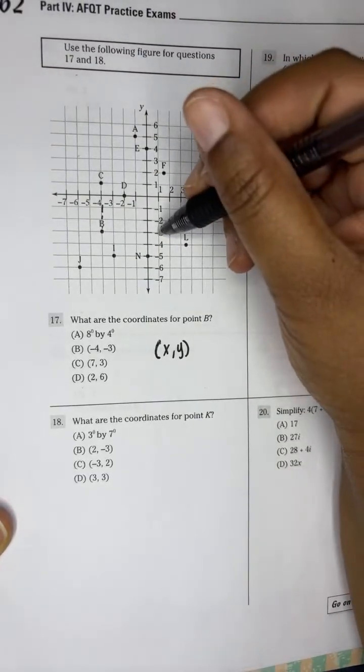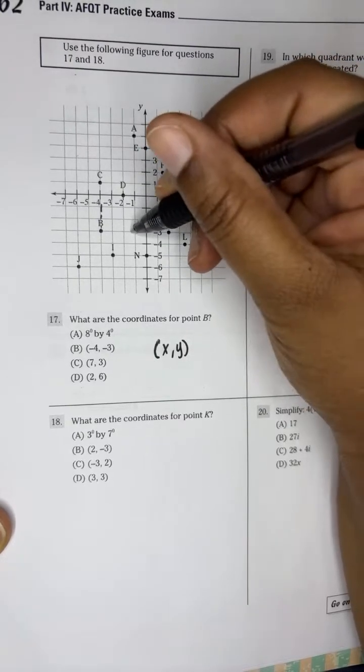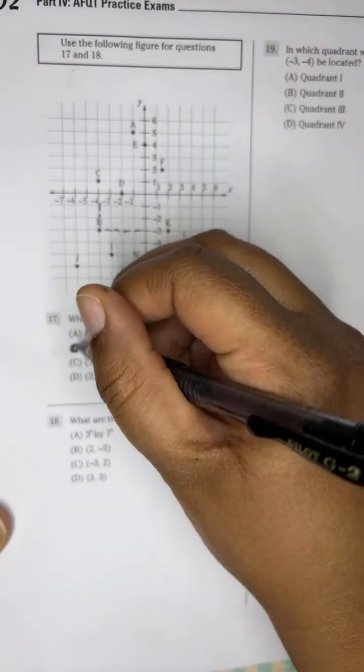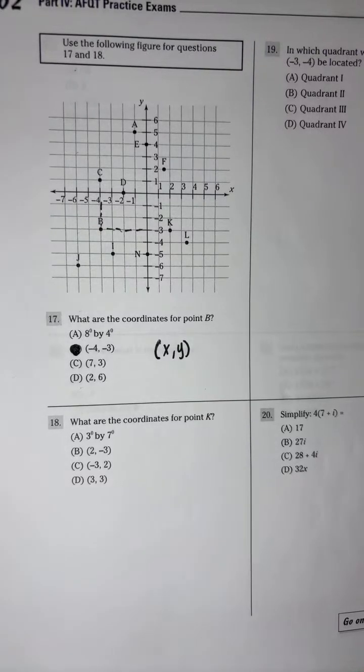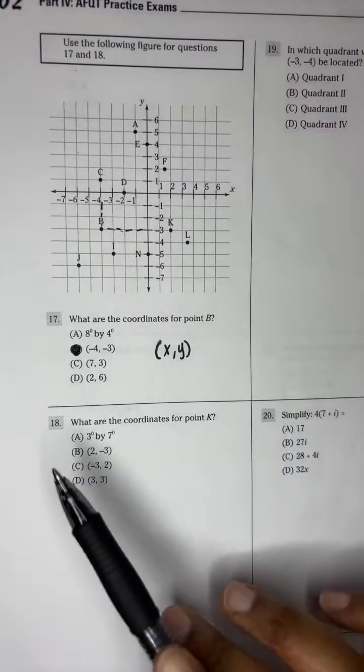And then on the y-axis, it will be -3. So if you said B was your answer, great job. And if you got it wrong, that's okay. Make the mistakes now so that you don't make them on the test. Learn from them. All right, let's look at 18.